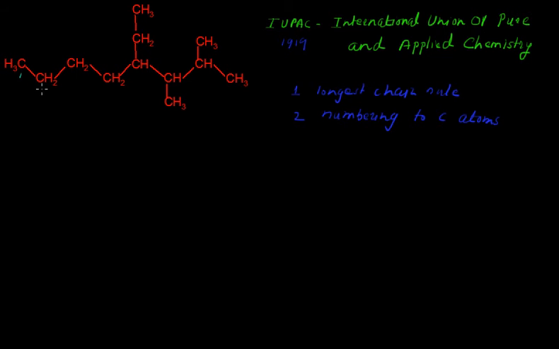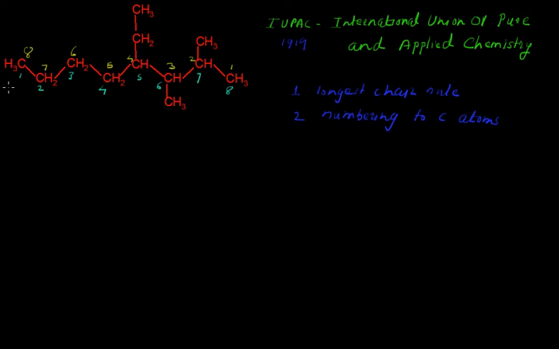So this is 1, 2, 3, 4, 5, 6, 7 and 8. Similarly, we can also give the numbering from the right hand side towards the left hand side. So this is 1, 2, 3, 4, 5, 6, 7 and 8.